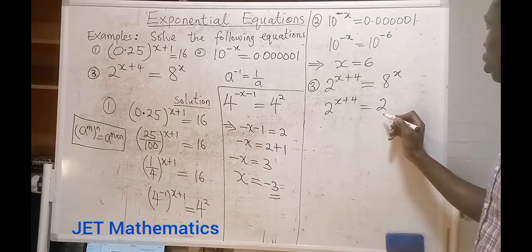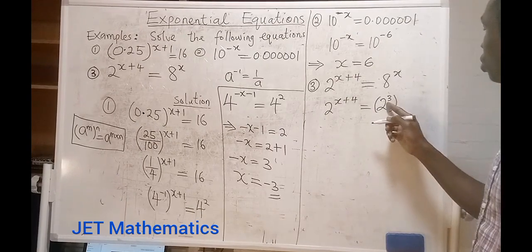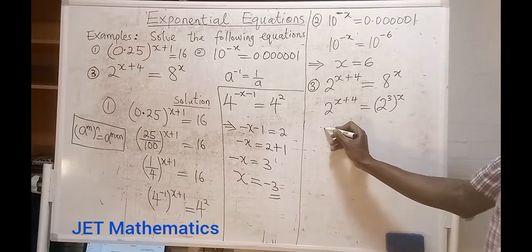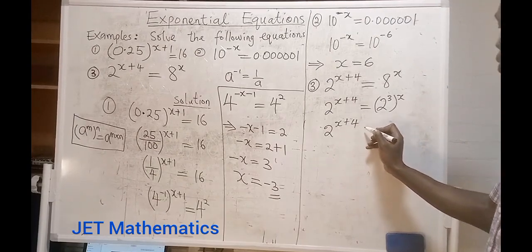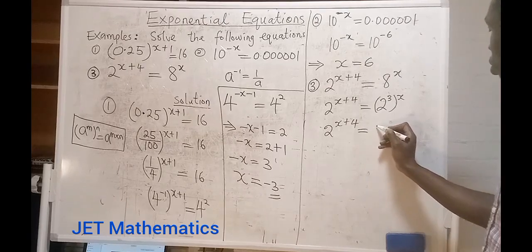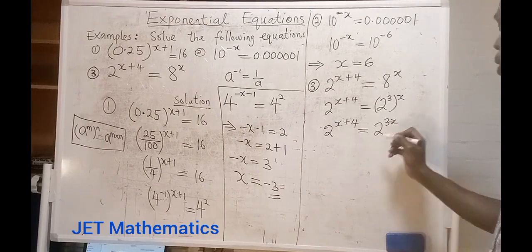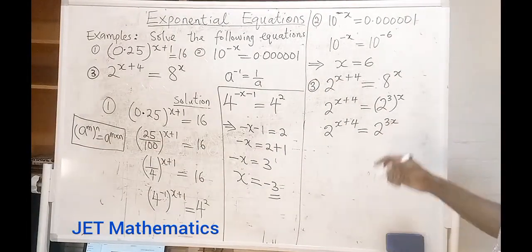So this becomes 2 raised to the power 3, which is 8, and then x. Good. So this is 2 raised to the power x plus 4, and this is equal to 2 raised to 3 times x, 3x. Applying this law, we get this.